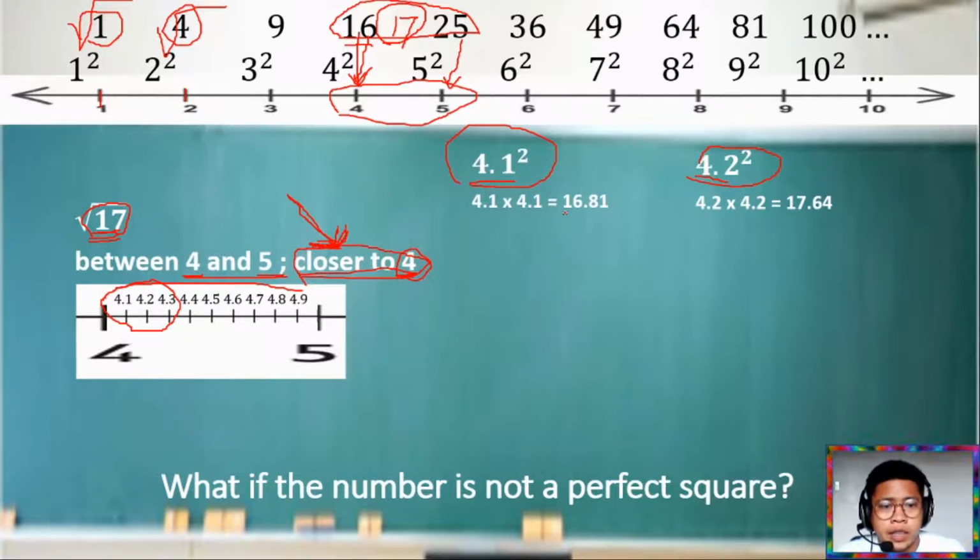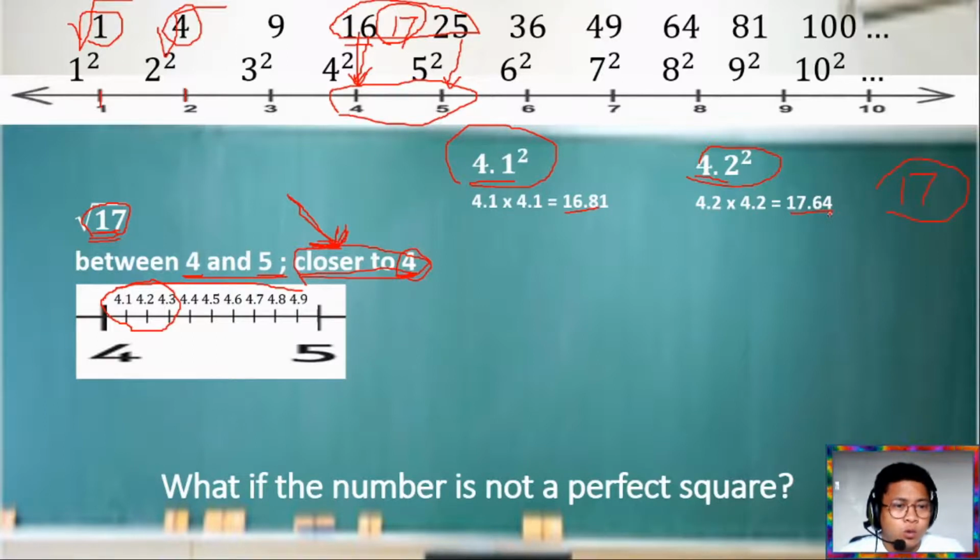So, napansin nyo, yung product ng number that is between 4 and 5, which is closer to 4, is 16.81 and 17.64. Pero ang hinahanap lang natin is 17. So, ayan, very close na, no? 16.81 and 17.64.